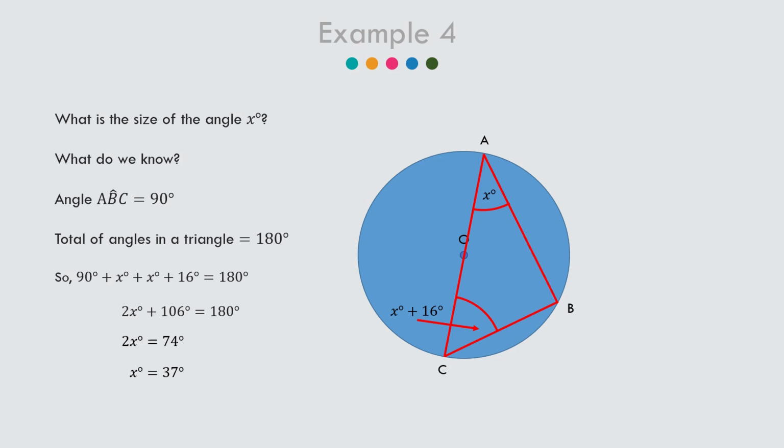This gives us 2x plus 106 equals 180 in degrees. Now rearrange and we get 2x equals 74. All we have to do now is divide by 2 to find the value of 1x. And the answer is 37 degrees.